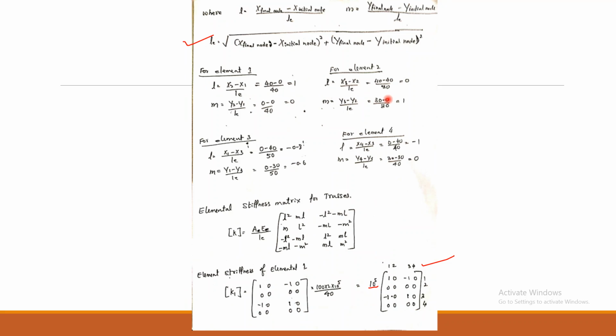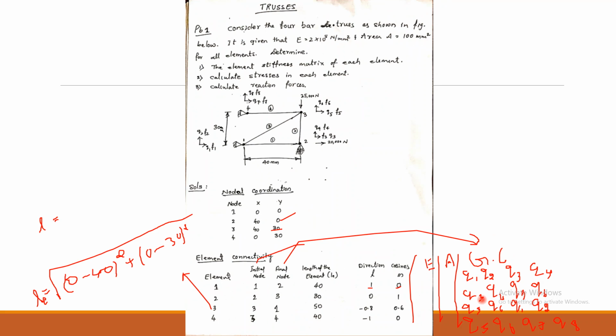Once this matrix calculation is over, you need to do the global connectivity actions. For that you again come back to this and look into this. It starts from 3, 4, 5, 6. So that is why I will mention the rows and columns as 3, 4, 5, 6.